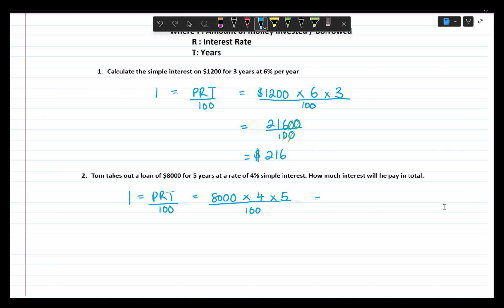If we multiply this, we get 160,000. We are going to divide this by 100, cancelling out the zeros, this 0 and this 0, this 0 and this 0. We are left with 1,600 as the final answer. This is the amount of interest that you will pay in total.